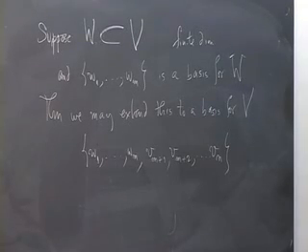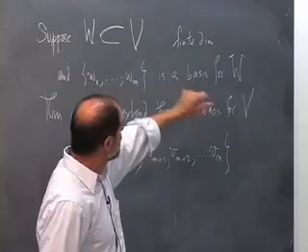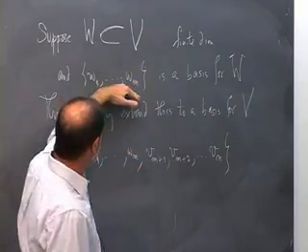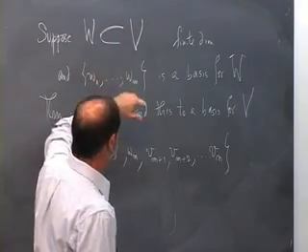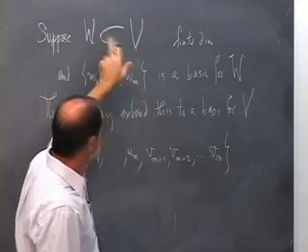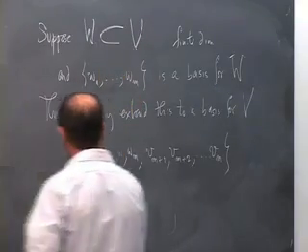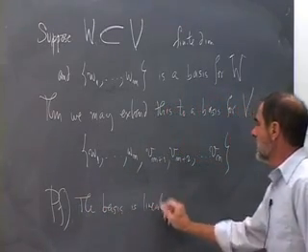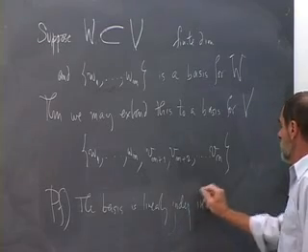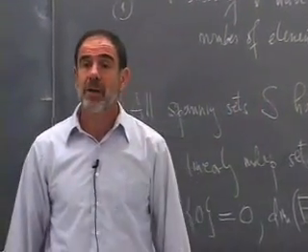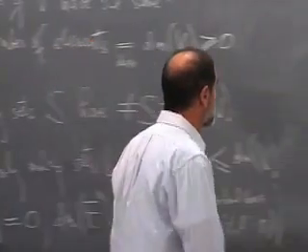Because the original set was linearly independent and spanned W. Well, if it's linearly independent, it's linearly independent in V. If no linear combination is the 0 vector but the 0 linear combination, that's also true in V. You don't have any more linear combinations of this thing in V than you did in W. So this set is linearly independent in V. And we saw that you can always take a linearly independent set and extend it to a basis. So there it is. That was one of our propositions on linearly independent sets.